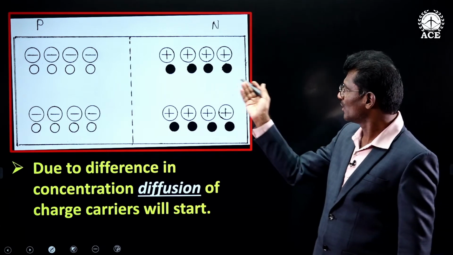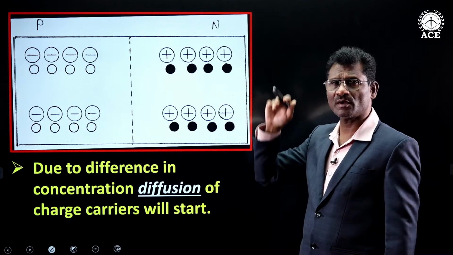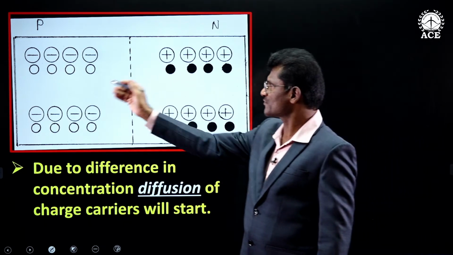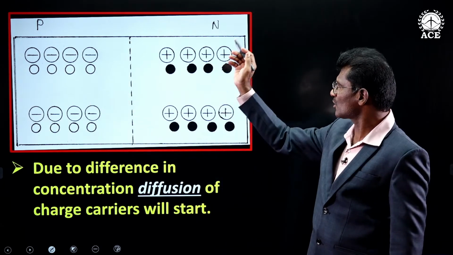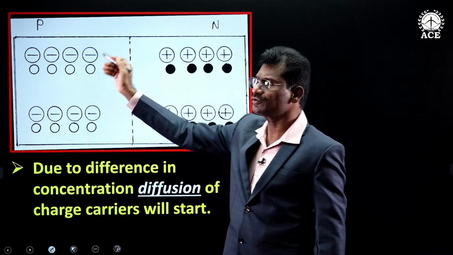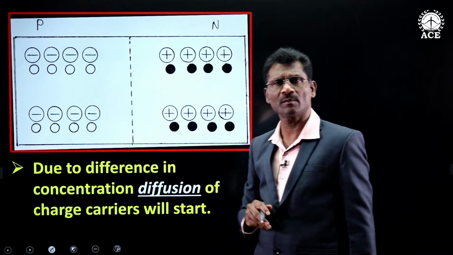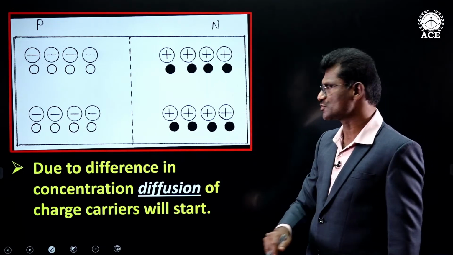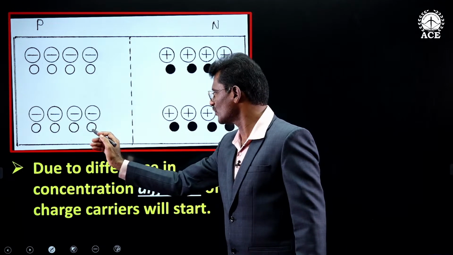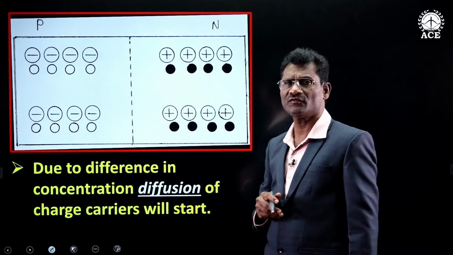For example, in this PN diode, on the N side we have more electrons, on the P side we have fewer electrons, and hence electrons should diffuse from N to P. In P side we have more holes, in N side we have fewer holes, and hence holes should diffuse from P to N. That is what is called diffusion.